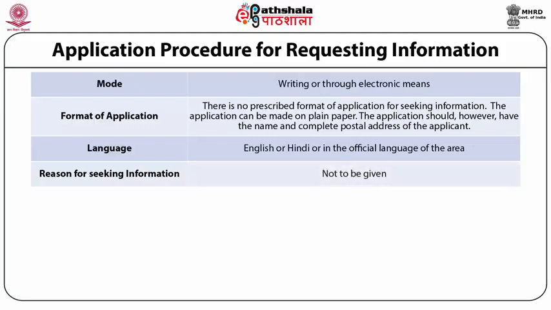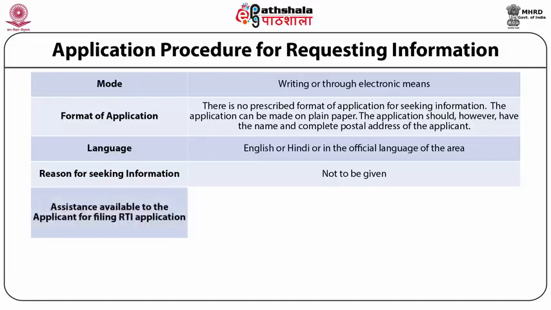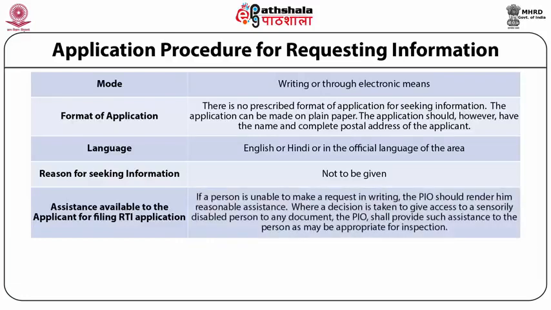However, if a person who wants to retrieve information through RTI finds it difficult, there is a provision of assistance available to the applicant for filing an RTI application. The assistance means if a person is unable to make a request in writing, the Public Information Officer or PIO should render him reasonable assistance.